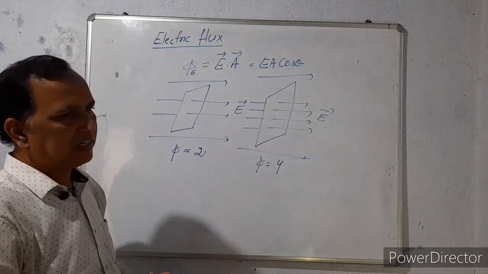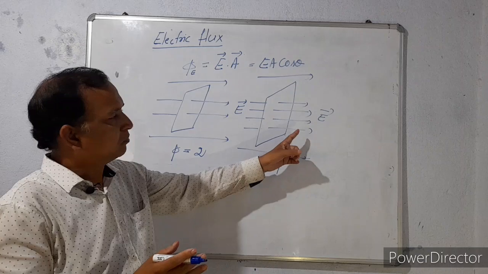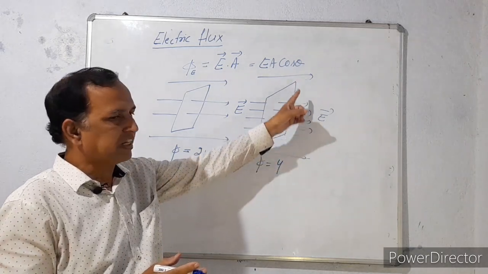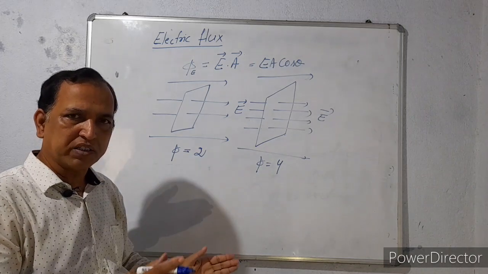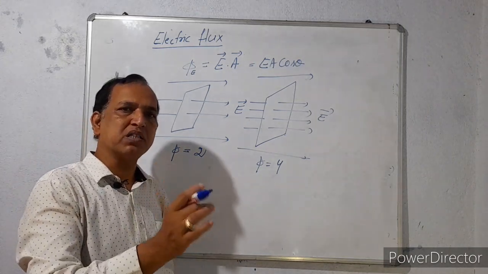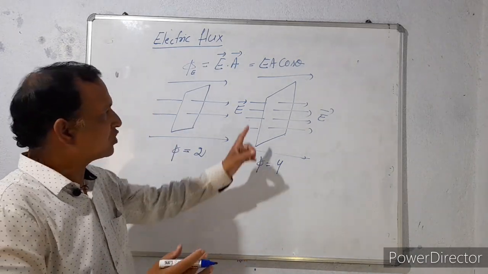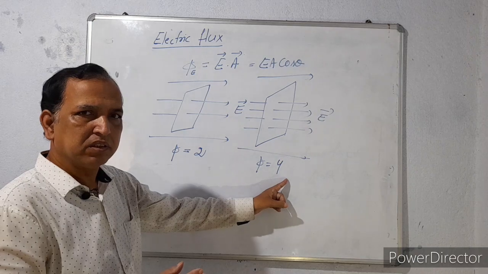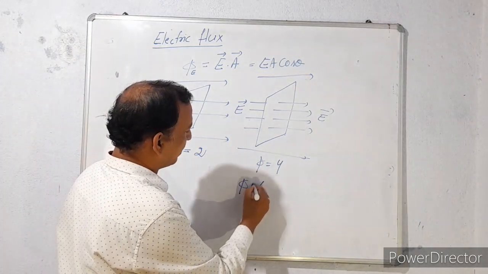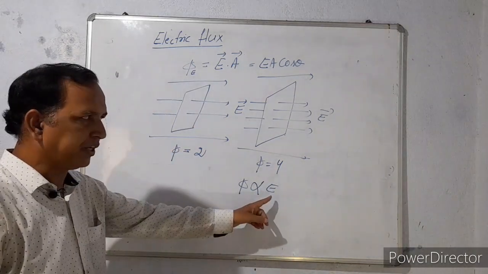Here we clear that if the electric field is more, that means if the field lines are increased, strong fields created, that means the electric field density must be increased. If field density increased, so phi must be increased. So from this we clear phi depends upon the electric field vector, depends upon E.